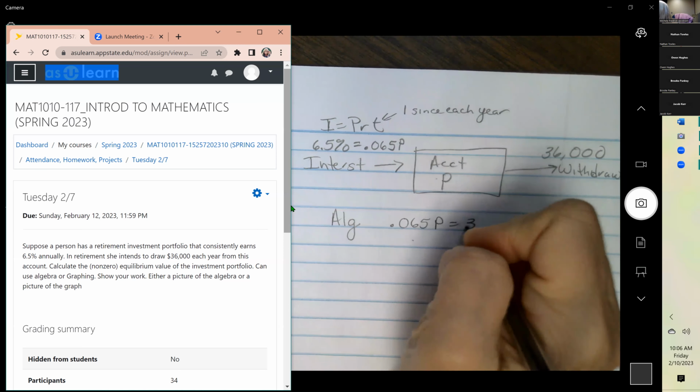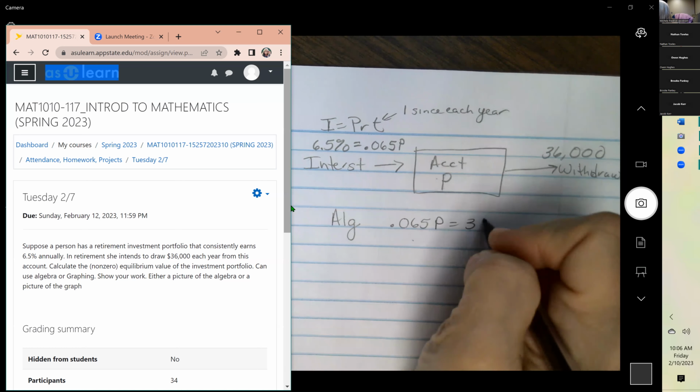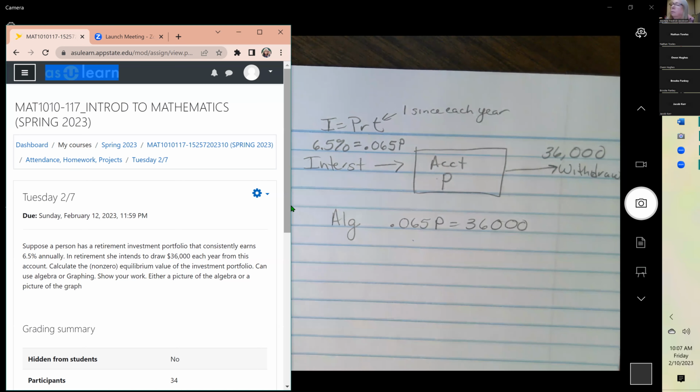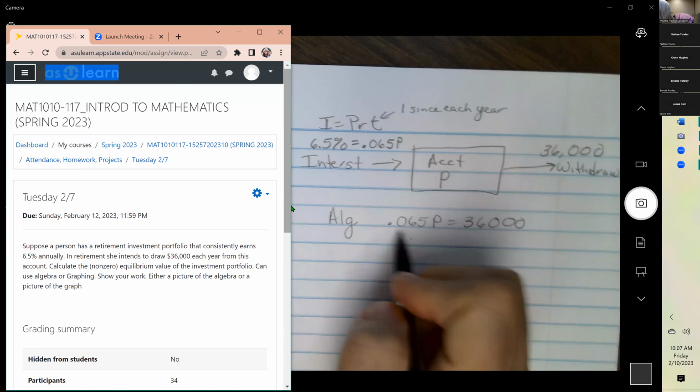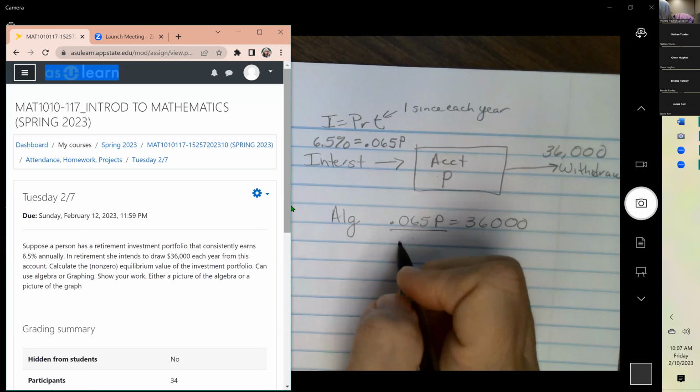Now, if we were going to solve this, how would we get P by itself? Divide each side by 0.065. Yep, because we want to get rid of this decimal. It's being multiplied, so we can divide it.